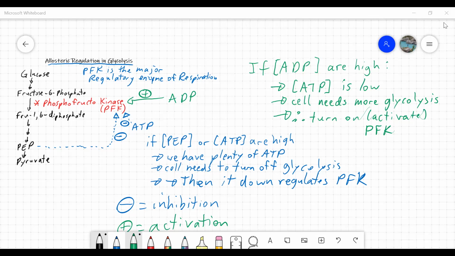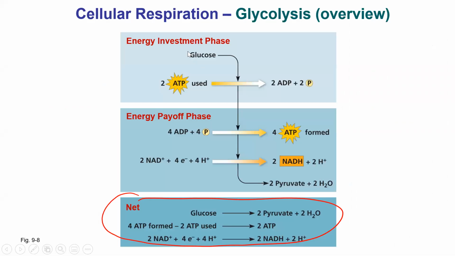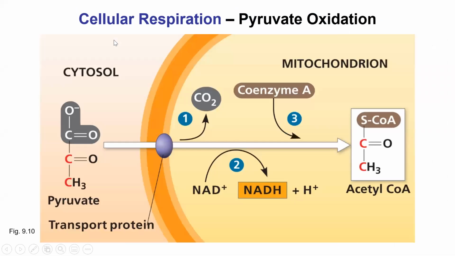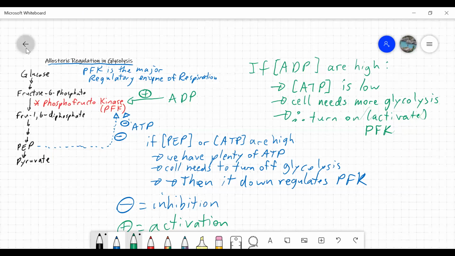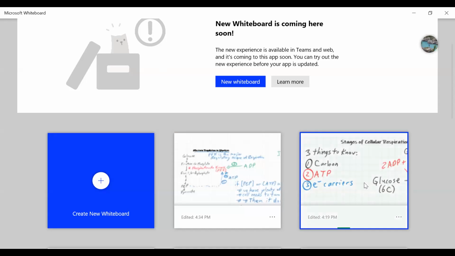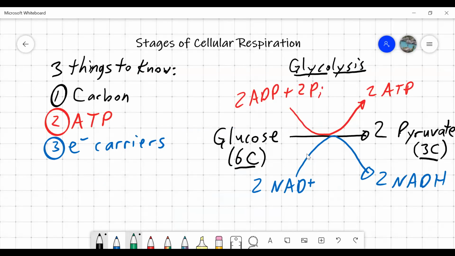So let's go back to our PowerPoint and continue talking about the steps of respiration. Where is the PowerPoint? There it is. So there's glycolysis. So step number 2 is something called pyruvate oxidation. And actually, maybe before I show you this, I'll go back to our whiteboard, and I'm going to go back to what we were drawing here.